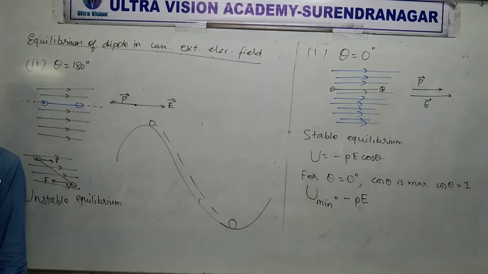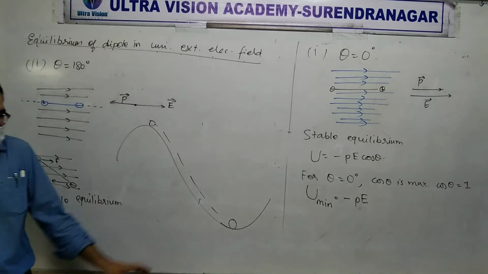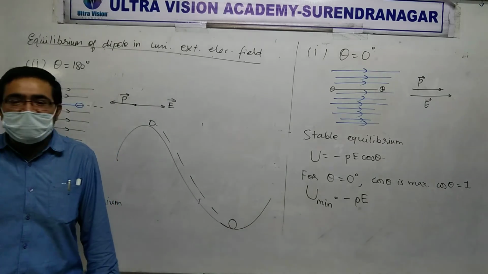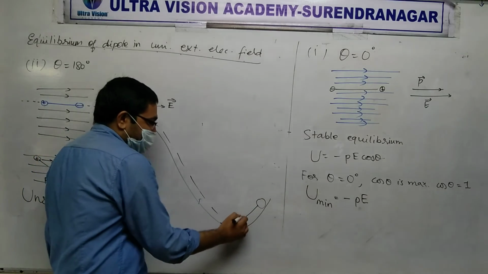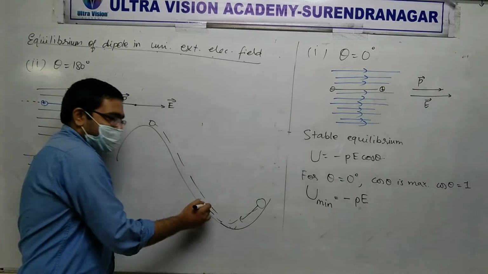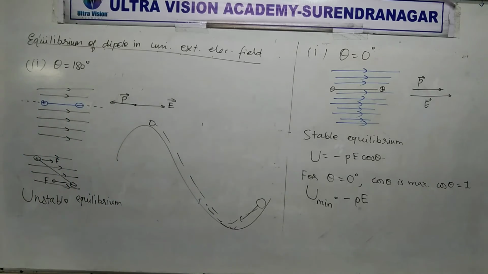No, it will not stop over there. It goes ahead, then realizes the stable equilibrium is behind, so it goes back. Make sense? If there is no friction, it will keep oscillating. Got it?